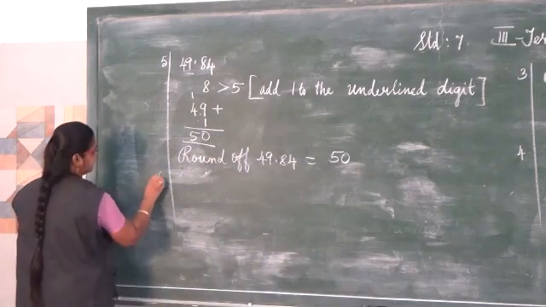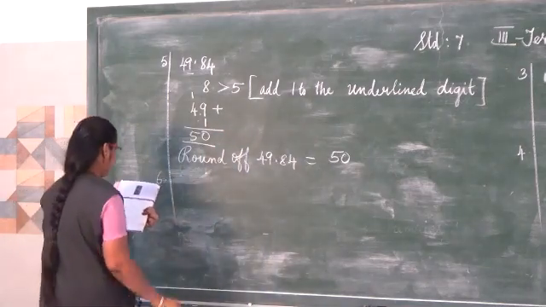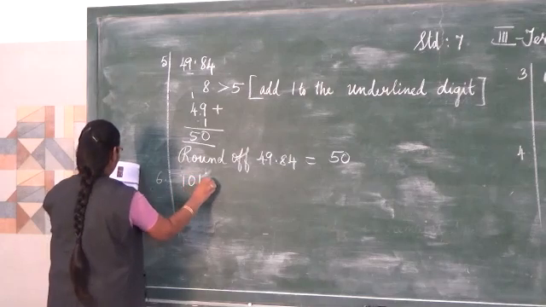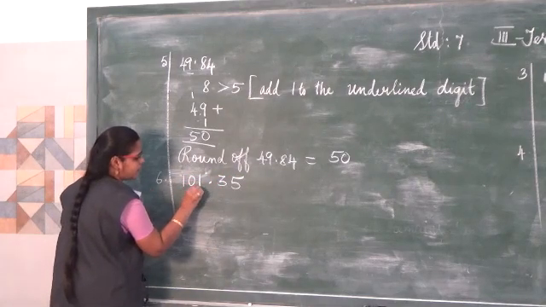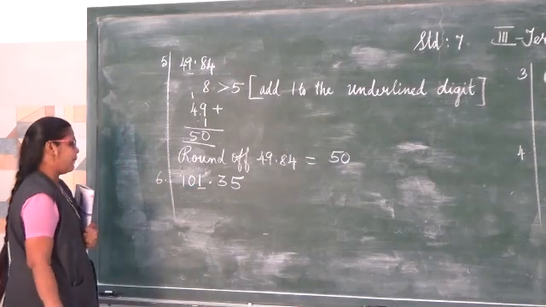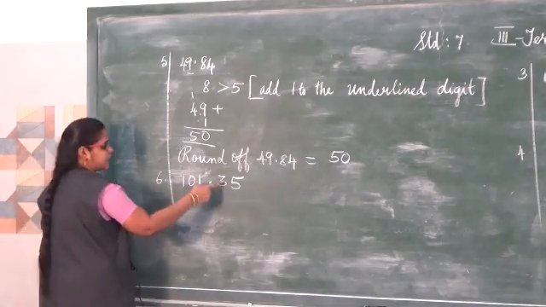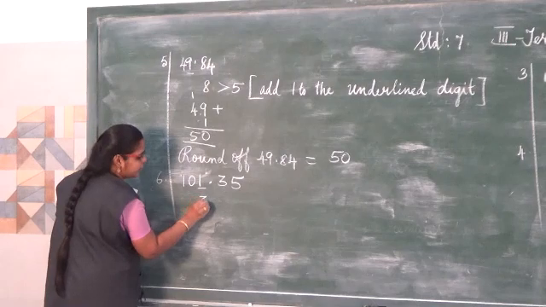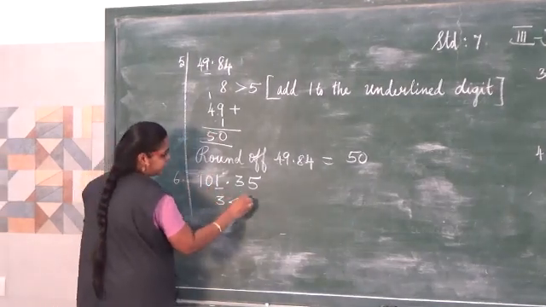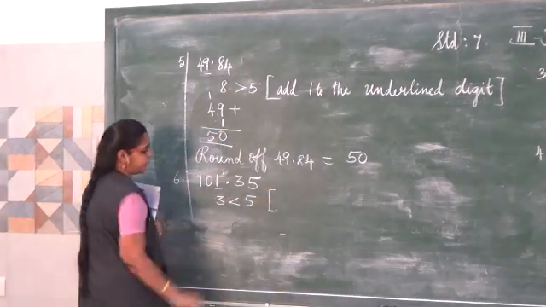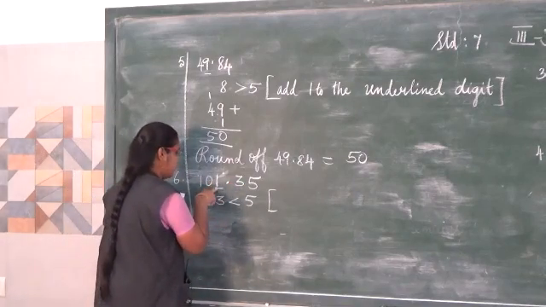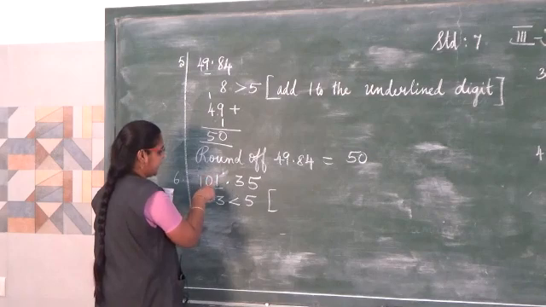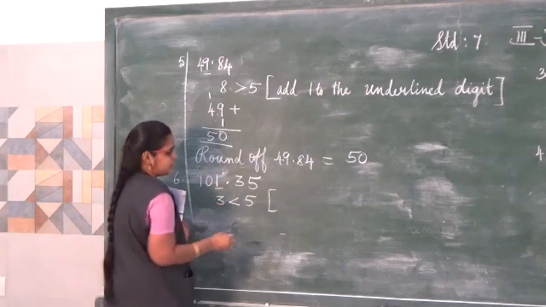Then the sixth one, 101.35. The whole number part is 101, and 1 is the underlined digit. We have to see the next number. 3 is less than 5. If 3 is less than 5, what is the condition? We should not add anything. The underlined digit remains the same.